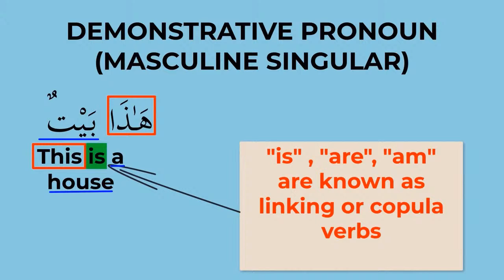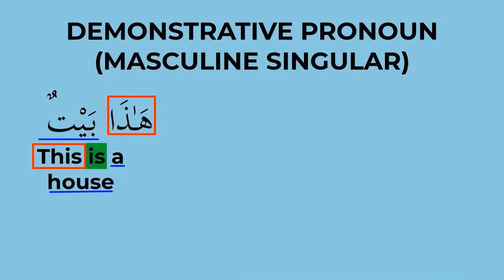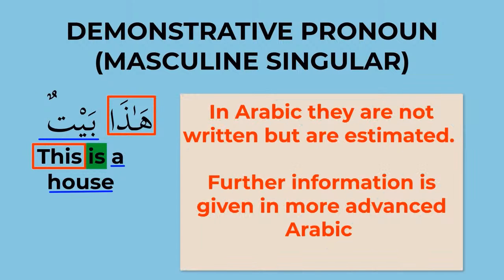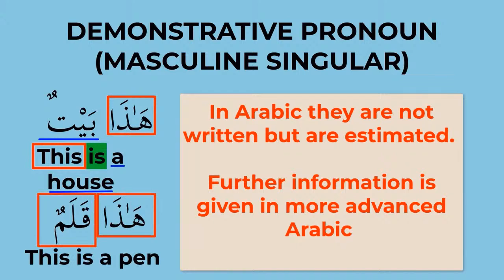They are called linking words in English. But in Arabic, they are not there. Hadha kalamun, we only said two words. This, a pen, but you will translate, this is a pen.